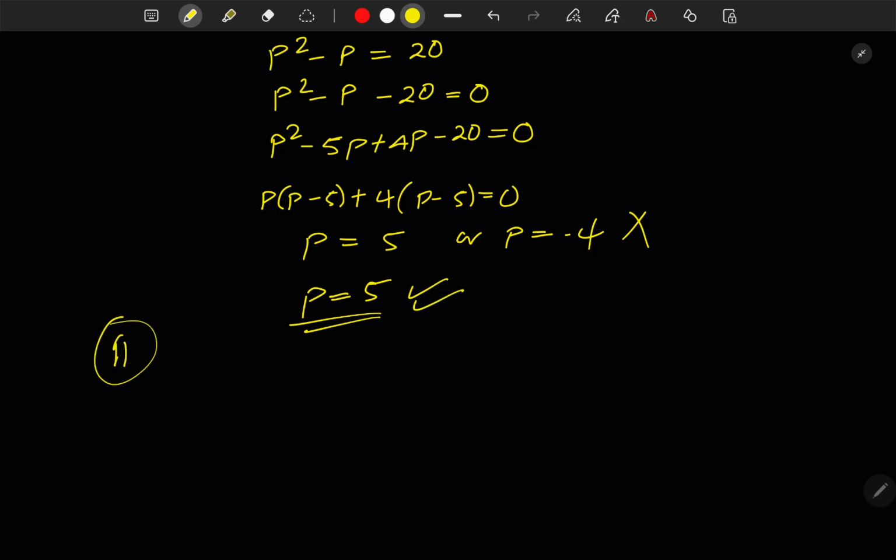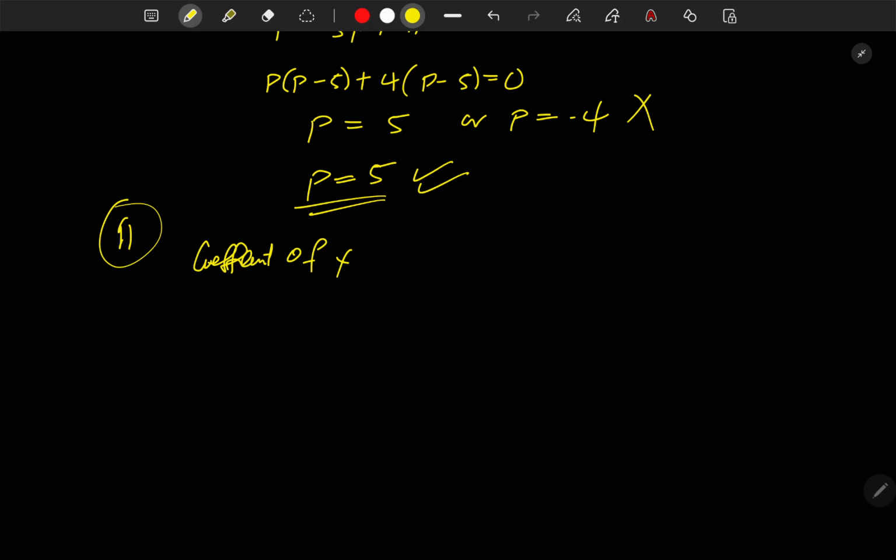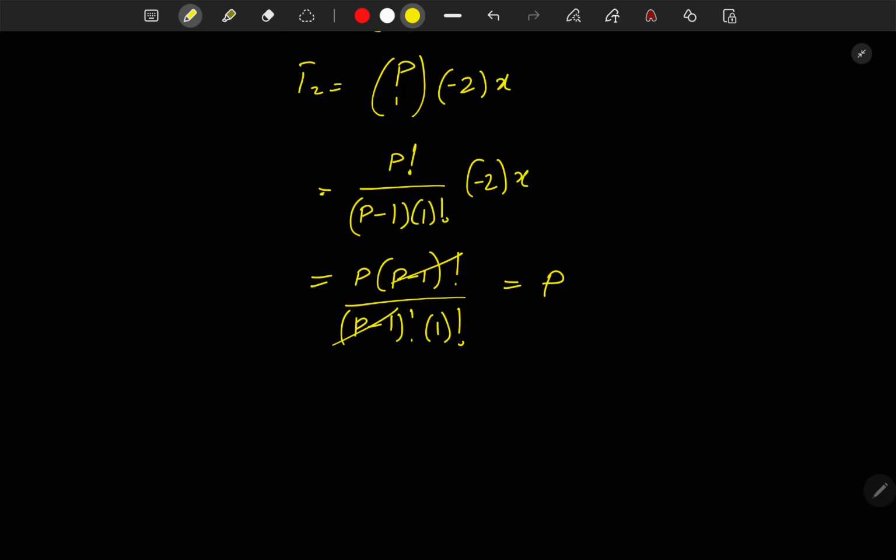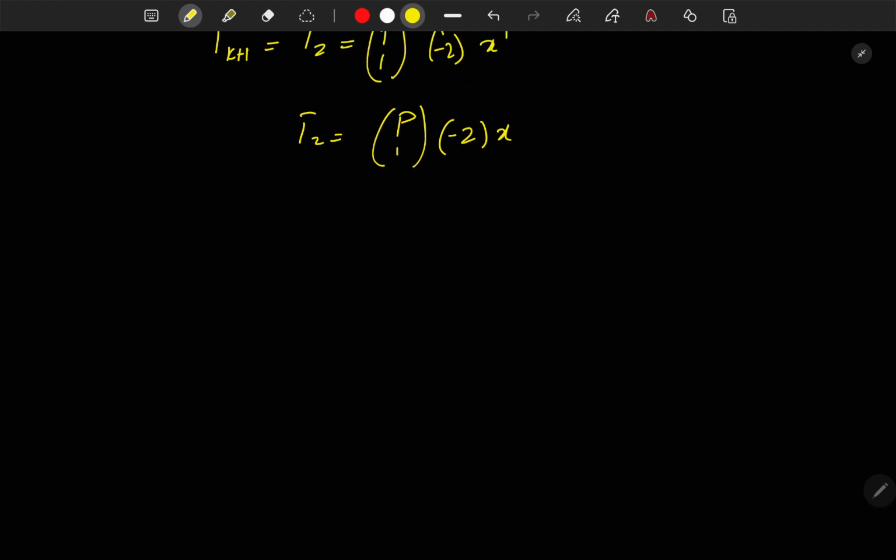Then to answer part 2, which is telling us to find the coefficient of x. To find the coefficient of x is actually very easy. In this case, the power is 1, so k is just equal to 1. We already know the value of p. So now we know that our term 2 will be equal to p factorial over p minus 1 factorial, then 1 factorial, and you have negative 2, then x there.